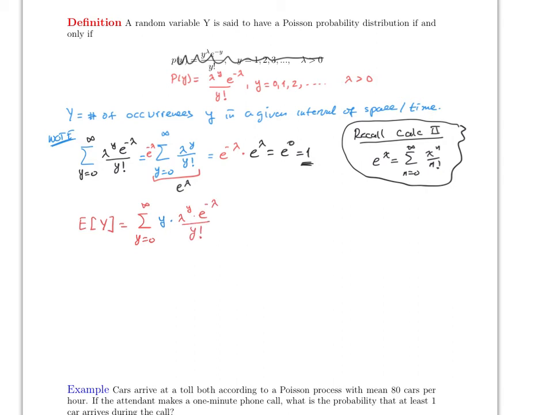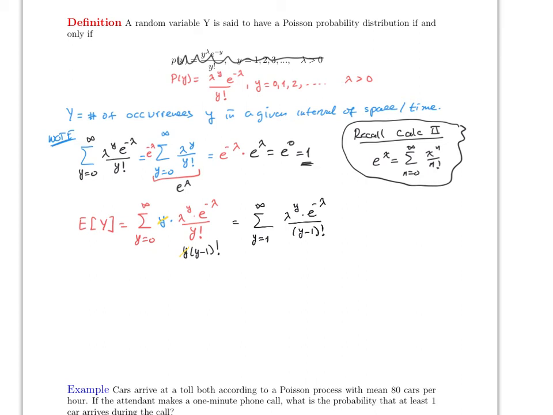Recall that y factorial is the same thing as y times y minus 1 factorial, and the y's will cancel. Now you cannot have a negative factorial, so you have to change the index. Now y has to go from 1 to infinity, and you will have lambda to the y times e to the minus lambda, but now you have y minus 1 factorial.